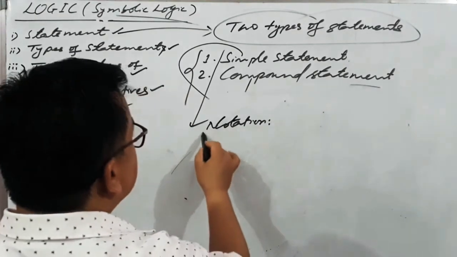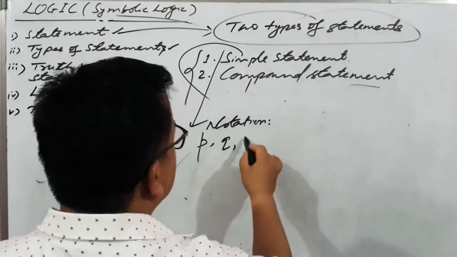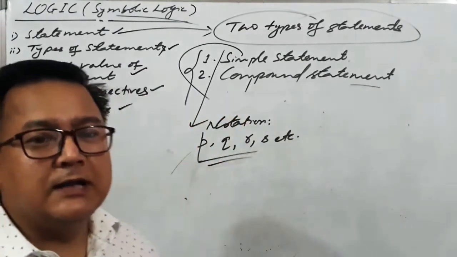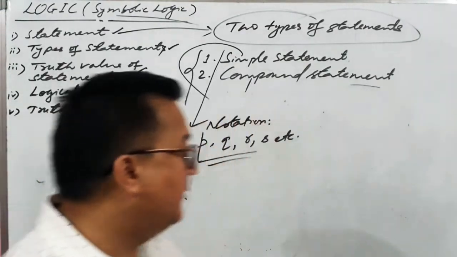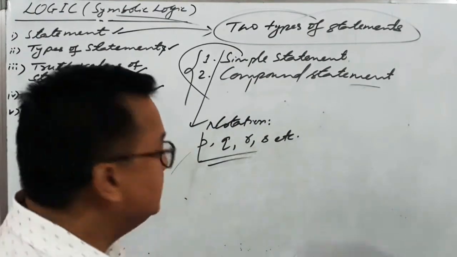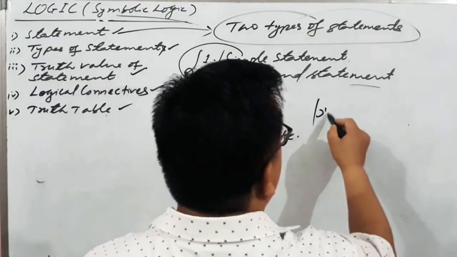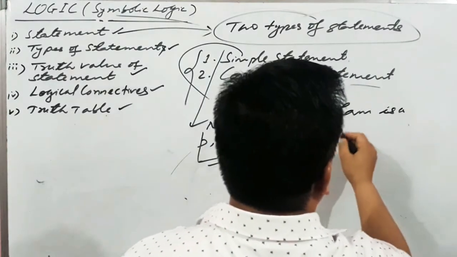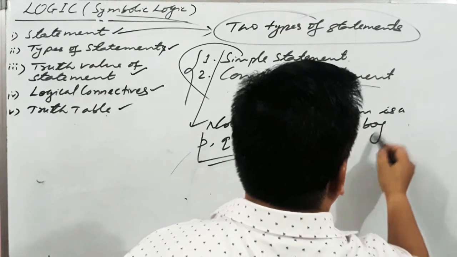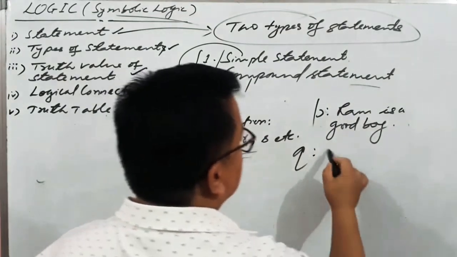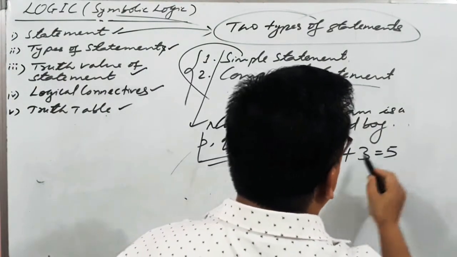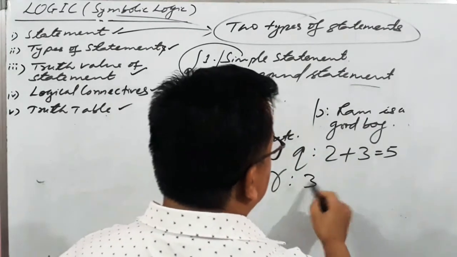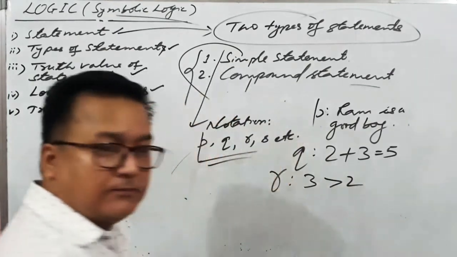The simple statement is generally represented by small letters p, q, r, s, etc. We use lowercase letters of the alphabet. For example, p: Ram is a good boy, and q: 2 plus 3 equals 5. r says that 3 is greater than 2.